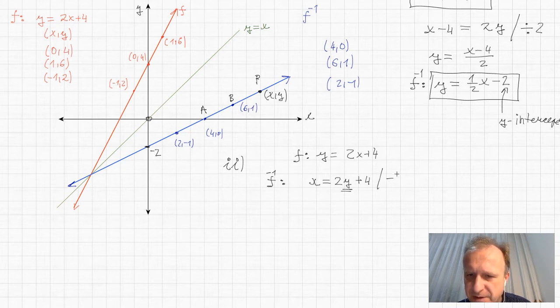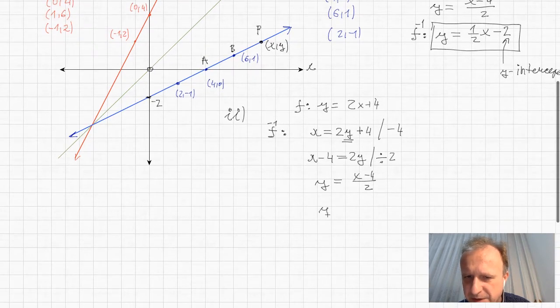First take away 4 from both sides, so subtract: x minus 4 equals 2y, and now divide by 2 to get y equals (x minus 4) divided by 2. Again this can be transformed in the same way as before to y equals 1/2 x minus 2, since 4 divided by 2 is 2.